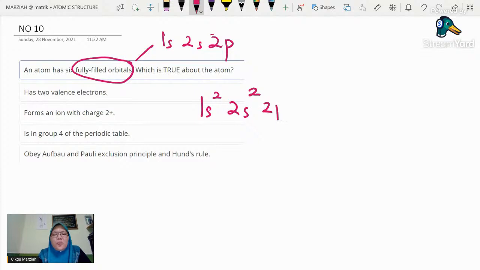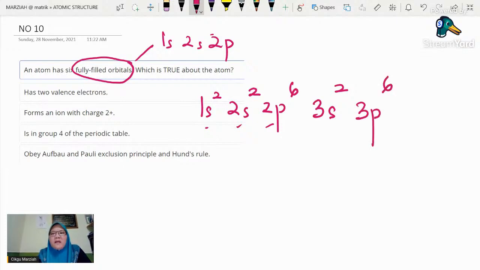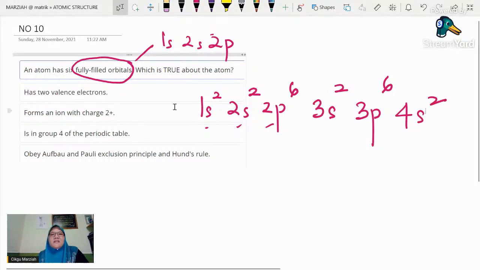Orbital yang ketiga, 2p, penuh juga, ada 6, baru ada 1, 2, 3. 3s juga penuh 2. Lagi 3p penuh 6, dah ada 3, 4, 5 and 4s2. Okay, nampak tak? 6 full fill orbital.